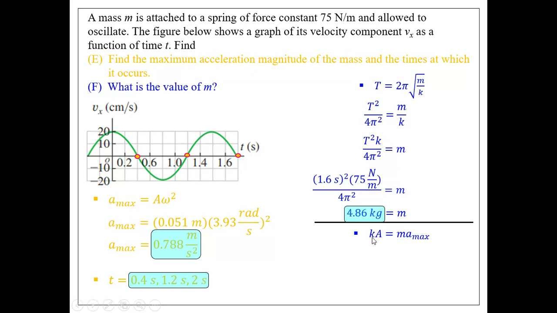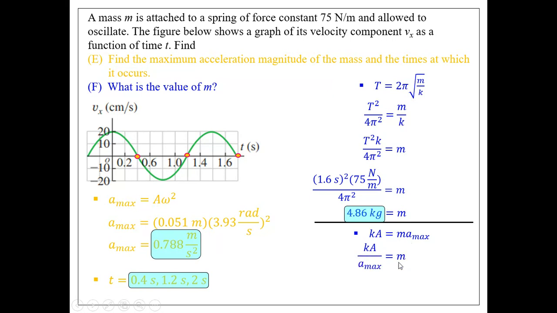So it'll be kx, but instead of x, I plug in A for amplitude. Then I know that's a max, because maximum acceleration occurs when you pull the system to the very far right, and that distance is known as your amplitude. To find m, I'm just going to divide both sides by a max.